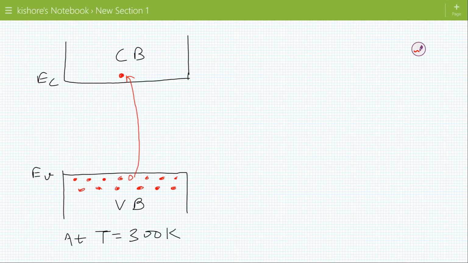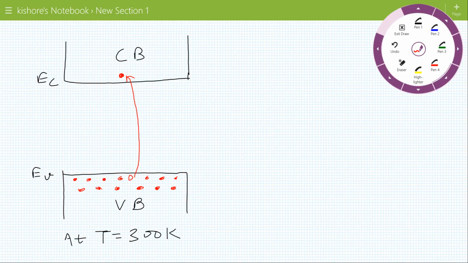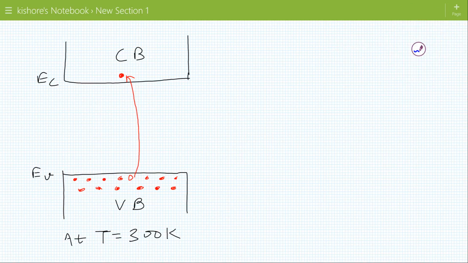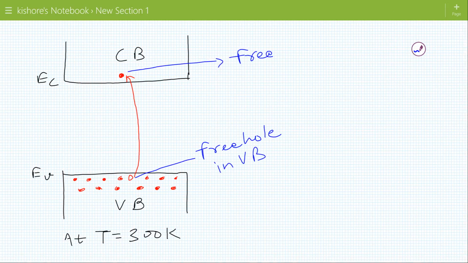Holes will exist only in the valence band. This is a free hole in the valence band, and this one is the free electron or conduction electron in the conduction band.